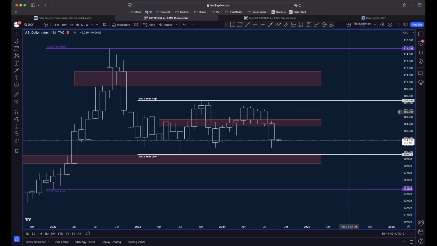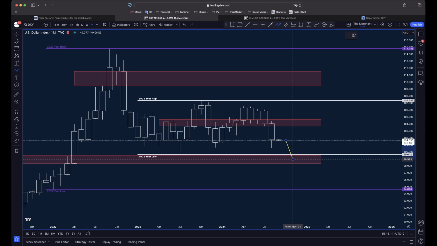Also, this zone is closer to where the price is right now, and there is a higher probability that we might see price coming to retest this zone first before this one. Maybe, and just as a scenario, we will see price moving here and then coming to retest this one until we have the presidential election in the US, which will happen in November.